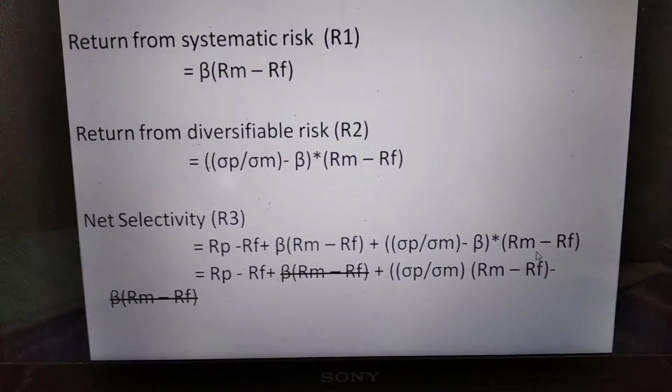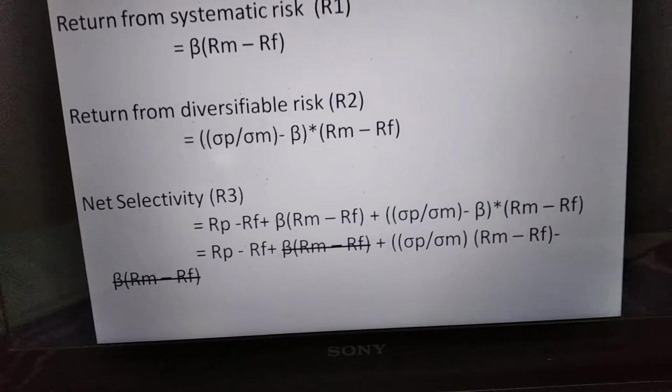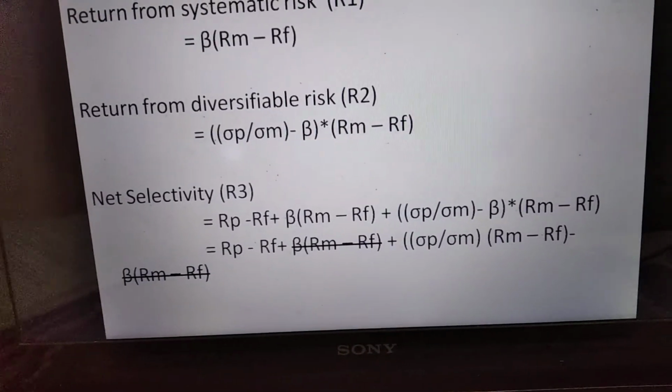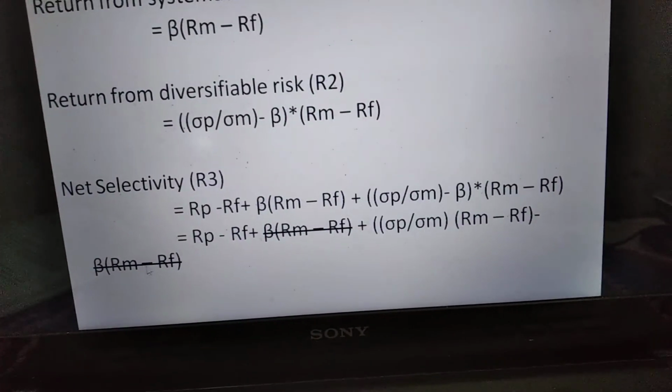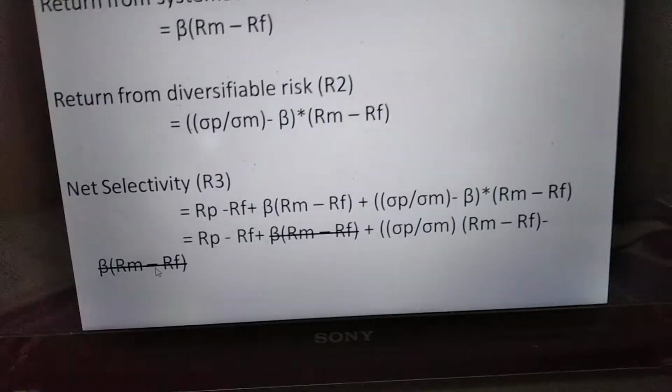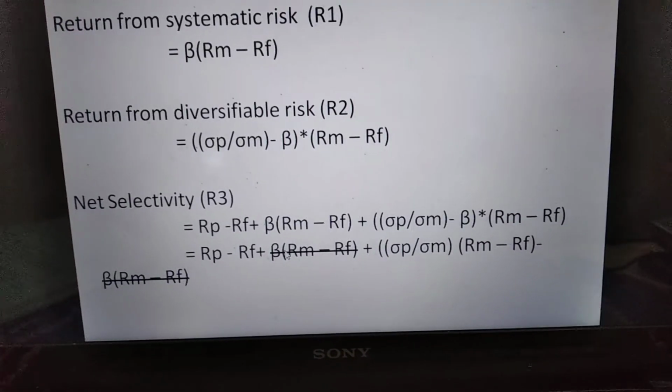When I work this out, the beta into RM minus RF terms cancel each other, so these two components are automatically deleted.